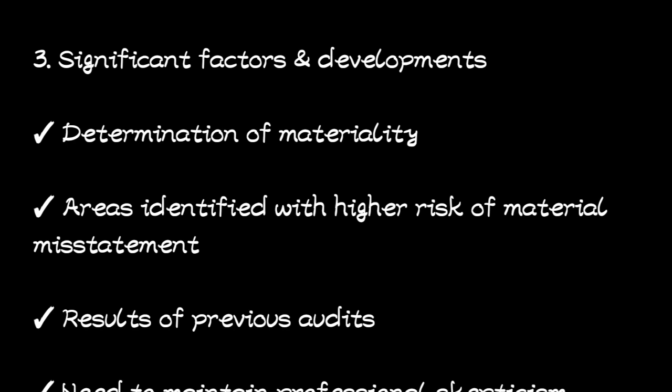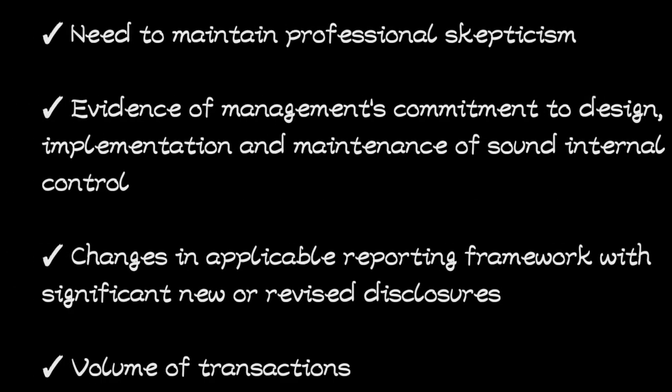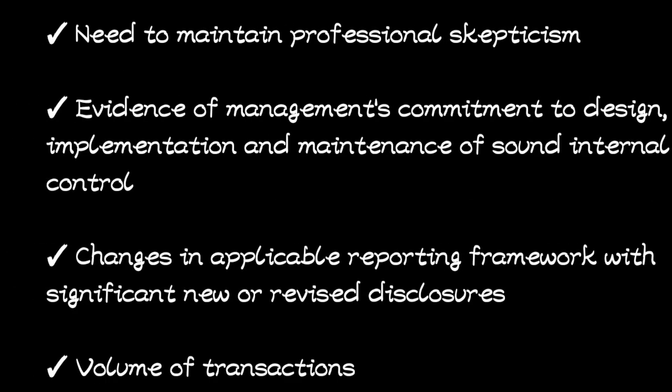Then results of the previous audits. The auditor also needs to maintain professional skepticism, like being alert to conditions and having a questioning mind. Then has to obtain evidence of management's commitment to design, implement, and maintain a sound internal control.